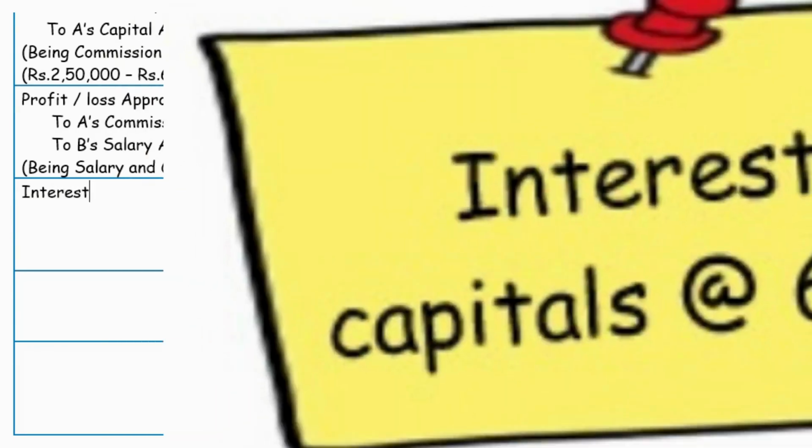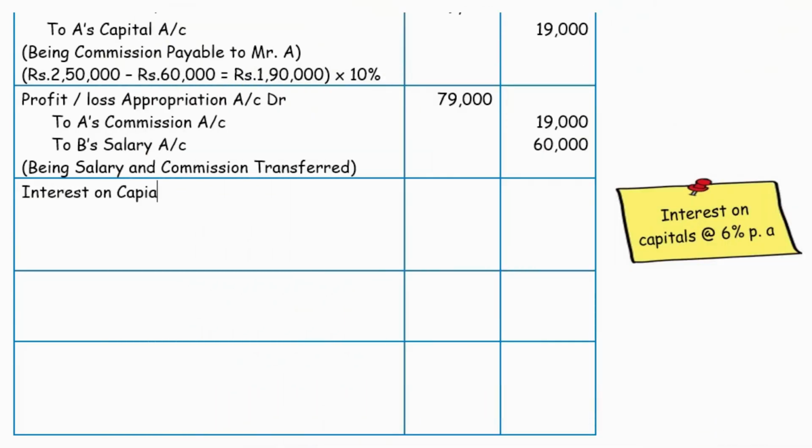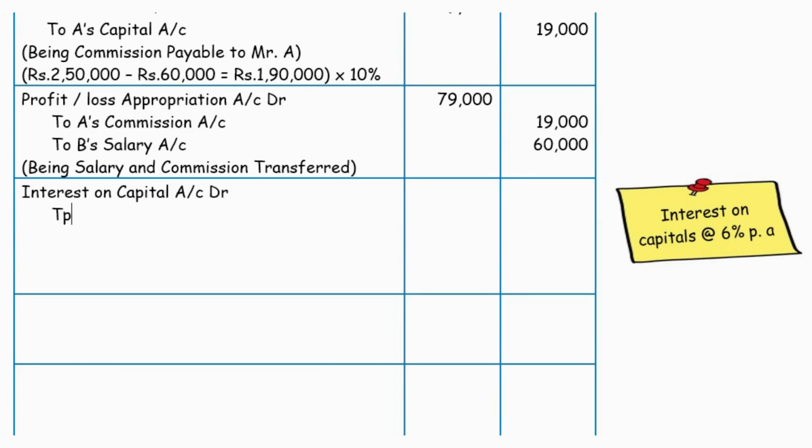The next component is the interest on capital. The two partners will receive this through their capital accounts. A has given a capital of 3 lakhs. On this 3 lakhs he will get 6% as interest.